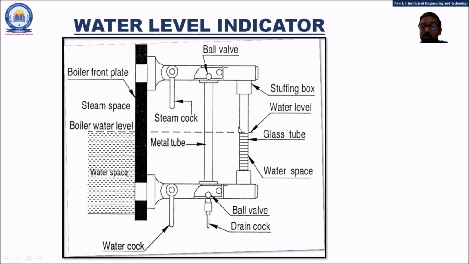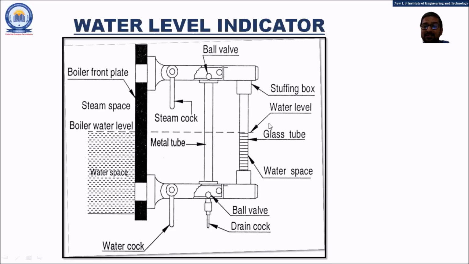So in the glass tube, there will be contact of the steam and the water. During the initial conditions, the water level will be moving up and down, up and down. There will be no fixed level of the water. But when the equilibrium conditions are reached between the water and the steam space, the water will be steady at a particular level.